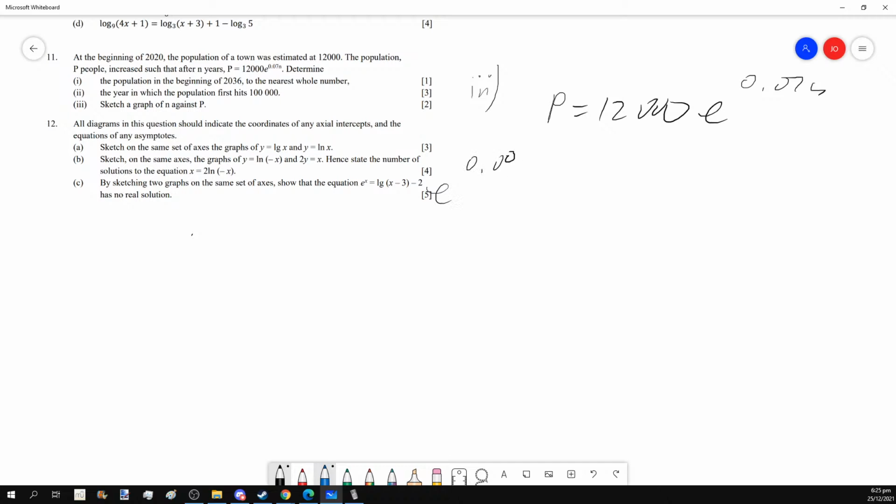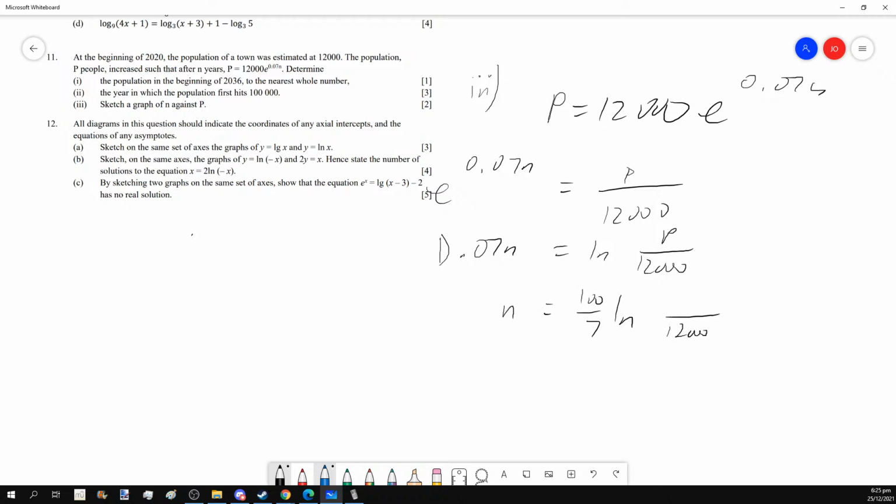So let us start with the same steps as before. I will make the exponential term by itself. I will then take the natural logarithm. Last but not least, I will move the 0.07 over. Like so.